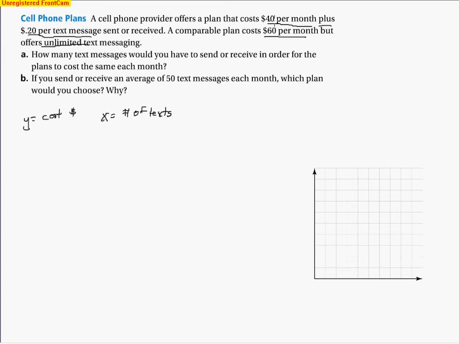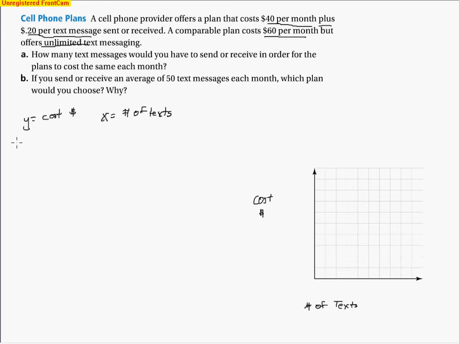So even though they said per month right here, $40 per month for the cost, we're just going to look at how many texts we'd have to have in order for the cost over 1 month to be the same or greater. So we're going to end up putting cost along the y-axis, and that's going to depend on the number of texts. So I'm going to even put number of texts.